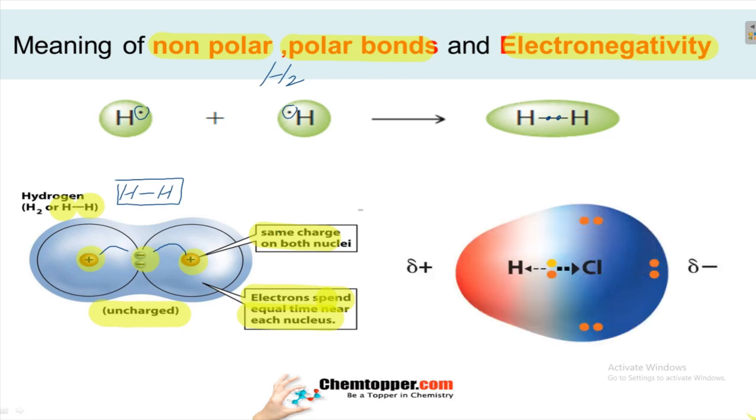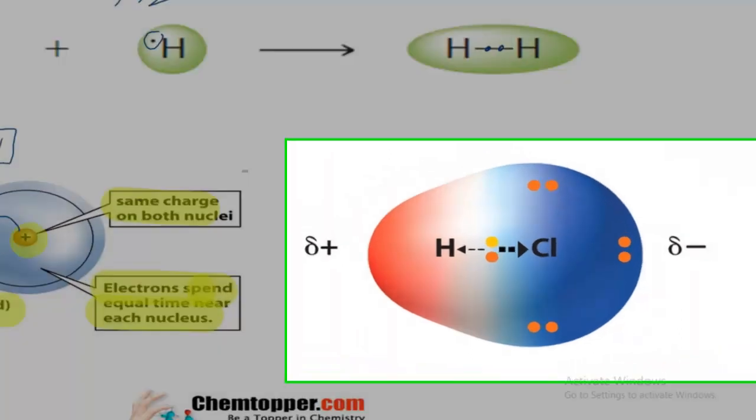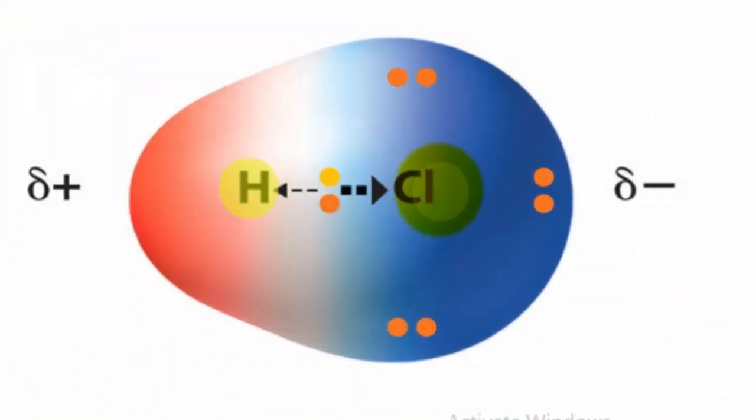Now let us take another example of hydrogen chloride molecule. Here, hydrogen and chlorine are different atoms as they have different nuclei. These nuclei are going to exert different attractive forces on the shared pair of electrons which is present as a bond between these two nuclei.